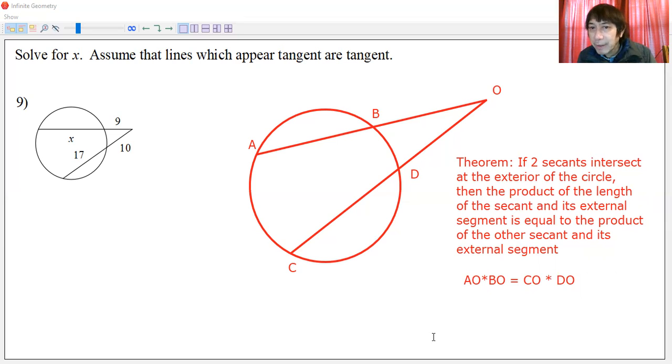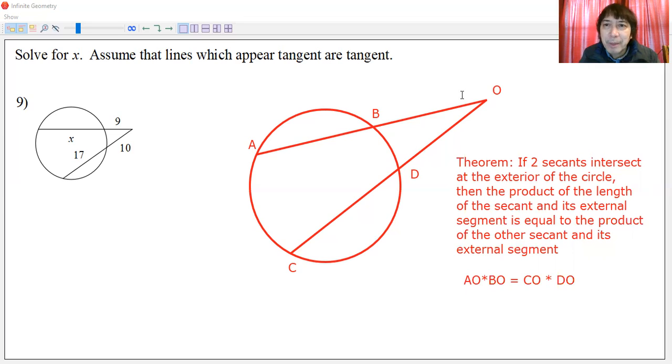So the entire length AO times BO is equal to CO times DO. If two secants intersect at the exterior of the circle, then the product of the length of the secant and its external segment is equal to the product of the other secant and its external segment. This will be our concept for this diagram.